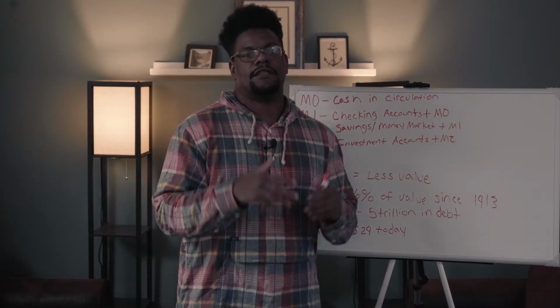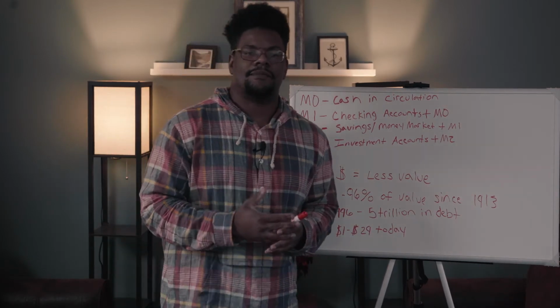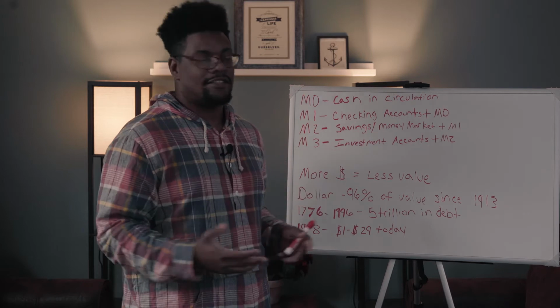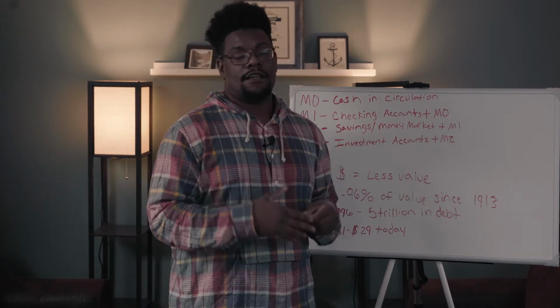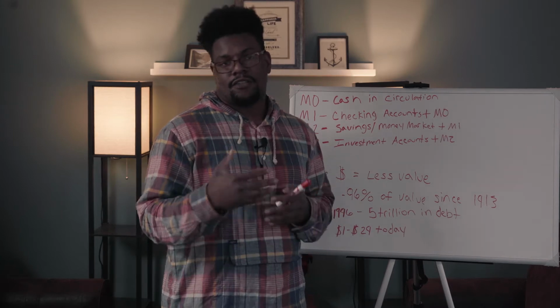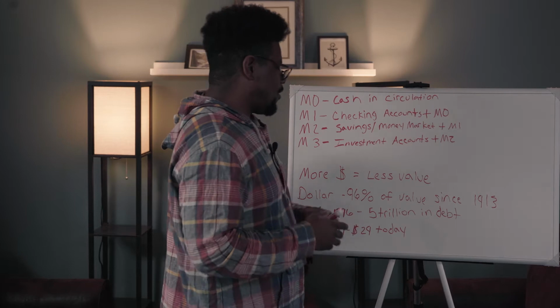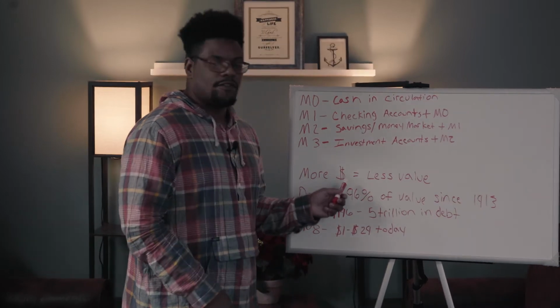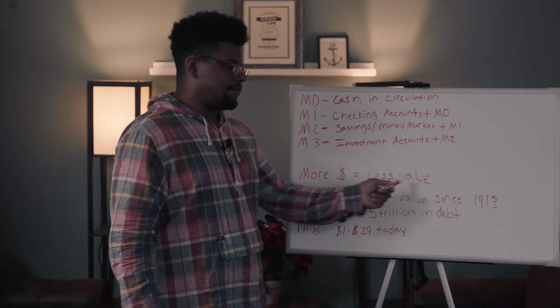Imagine the Mona Lisa. The more Mona Lisas that are in circulation, the less value it's going to have. You can say the same thing with certain baseball cards or rookie cards. Say you have a Jackie Robinson rookie card, and if there are millions and millions of those cards out there, it's going to have less value.